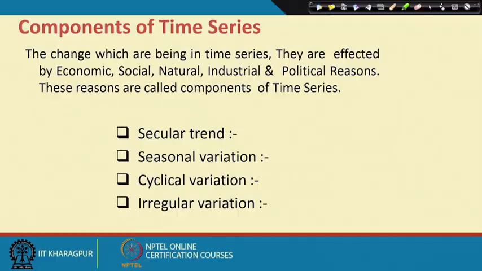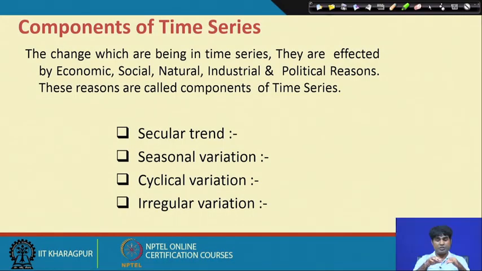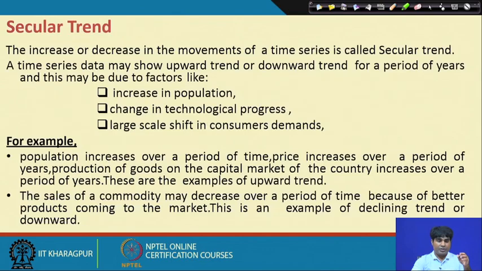It may be economical, social, natural, industrial or political effects. Accordingly, the structure can be divided into four different groups: secular trend, seasonal variations, cyclical variations and irregular variations. Let me give you some hint about these four components.